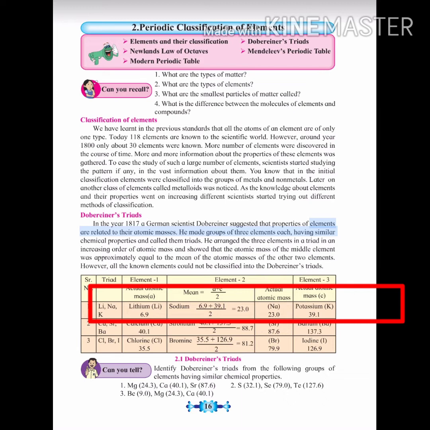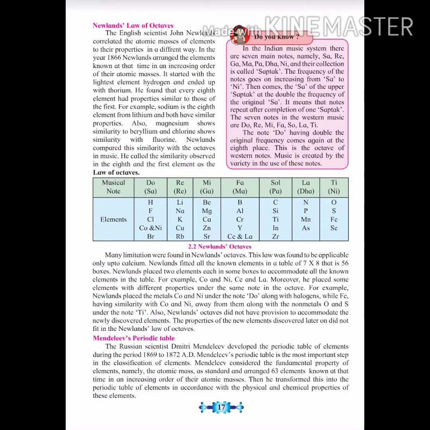And the atomic mass of sodium was actually found to be 23. So that was the basis of classification, but there were lots of demerits because he only classified a few elements, and later many new discoveries were coming, and this triad was not able to justify all the classification that was to be done, so it was discontinued.